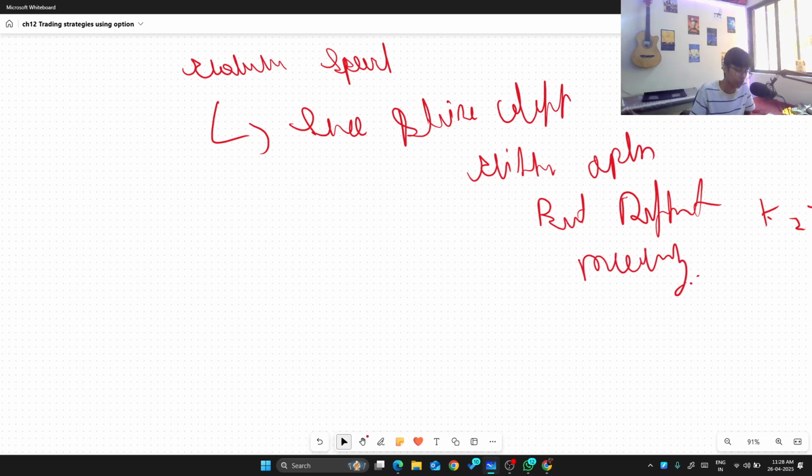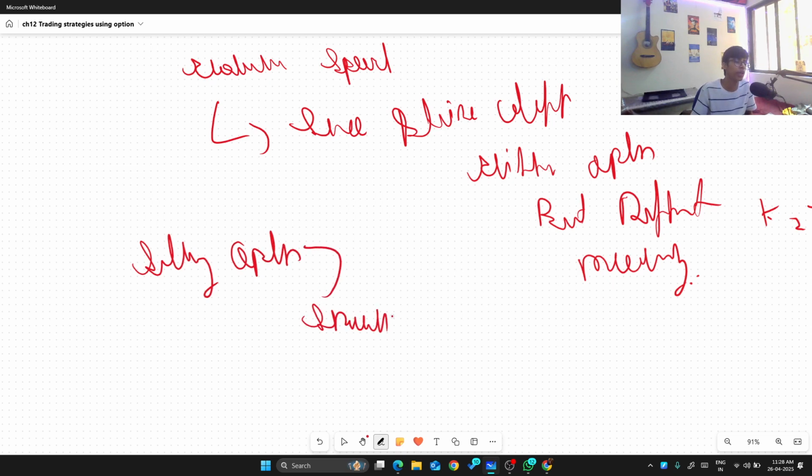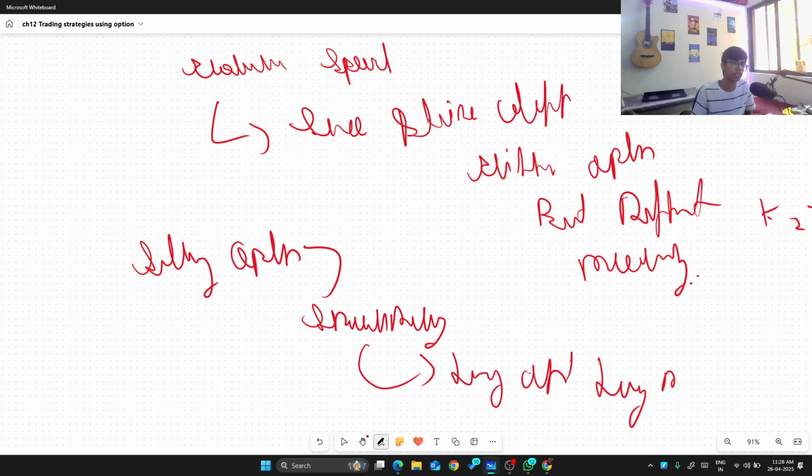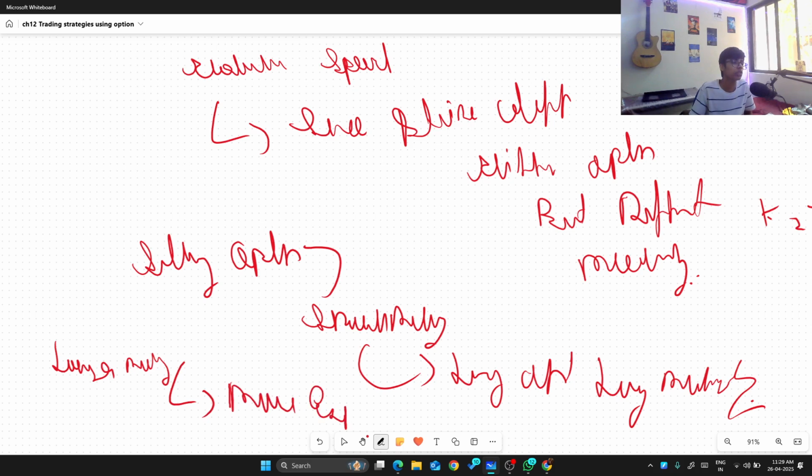It can be created by shorting the option of smaller maturity and going long on the longer maturity. So it is done like this, and we know that the longer the maturity, the more expensive it is, right?